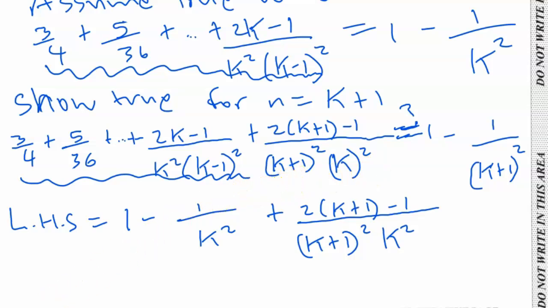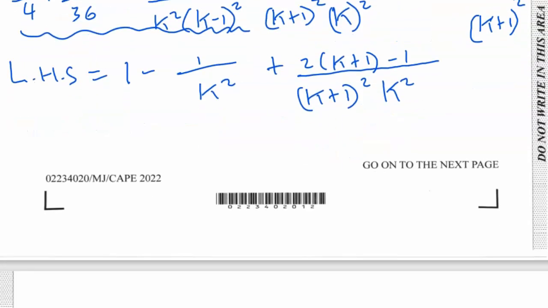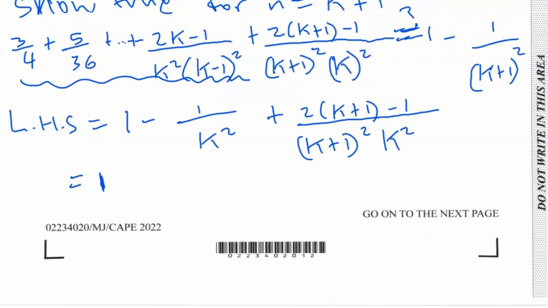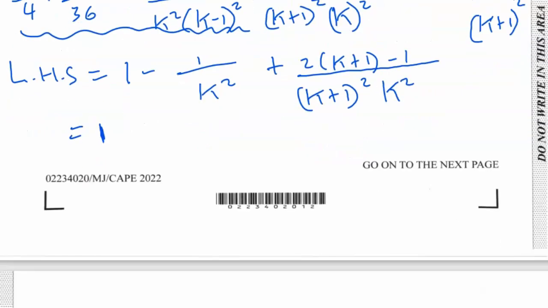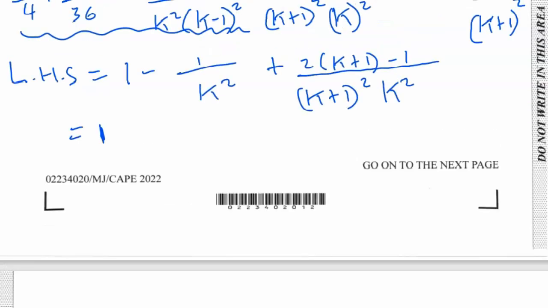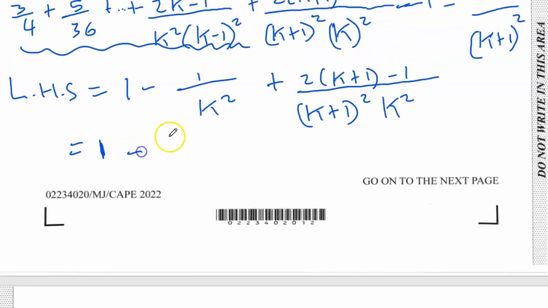Let's continue. Now, one thing we can do is bring everything over a common denominator. On the left hand side, here we have 1. Let's keep this 1 outside, because what we're trying to prove actually has a 1, so let's not trouble that 1 there. Then we have minus 1 over k square, and we want this to have the same denominator as this.